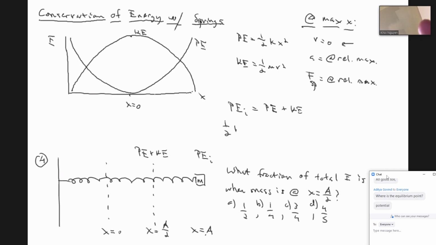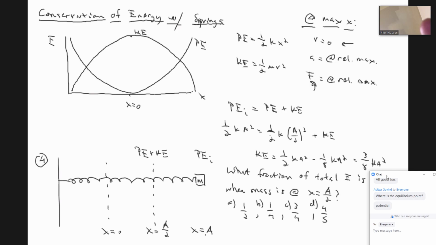So 1/2 KA squared is equal to 1/2 K(A over 2) squared plus kinetic, right? So kinetic energy is 1/2 KA squared minus 1/8 KA squared, which leaves us with 3/8 KA squared, right? 1/2 is 4/8. 4/8 minus 1/8 gives us 3/8. And then that tells us the amount of kinetic energy we have at that point.